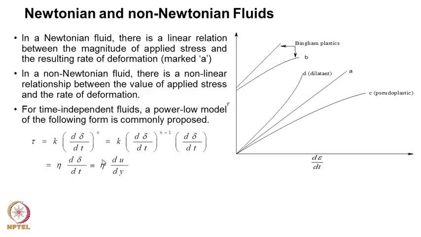In general for a Newtonian fluid we write tau equal to mu into ∂u/∂y or du/dy. For a non-Newtonian fluid also we would like to have a similar expression, and that is written here as eta into du/dy. The difference here is that eta is the apparent viscosity, and mu is the other viscosity.